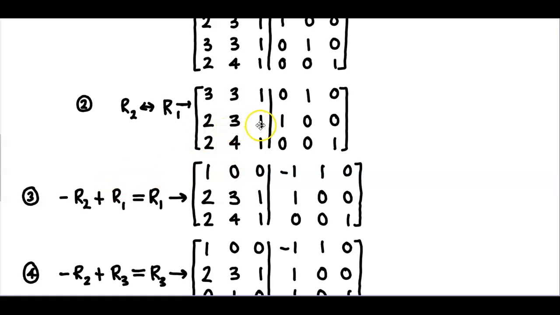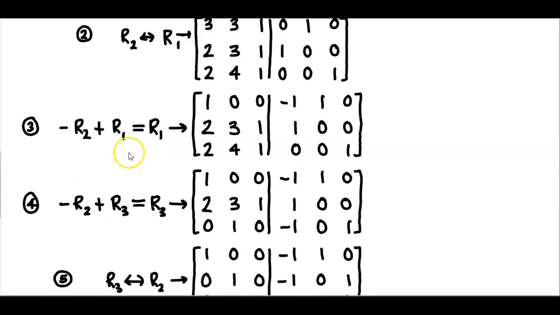Negative 1 times 1 plus 1 gives you 0. And then negative 1 times positive 1 plus 0 is negative 1. Negative 1 times 0 is 0, plus 1 leaves you with 1. And negative 1 times 0 is 0, and plus 0 leaves you with 0. So now that's our row 1. There's row 2 and then row 3.